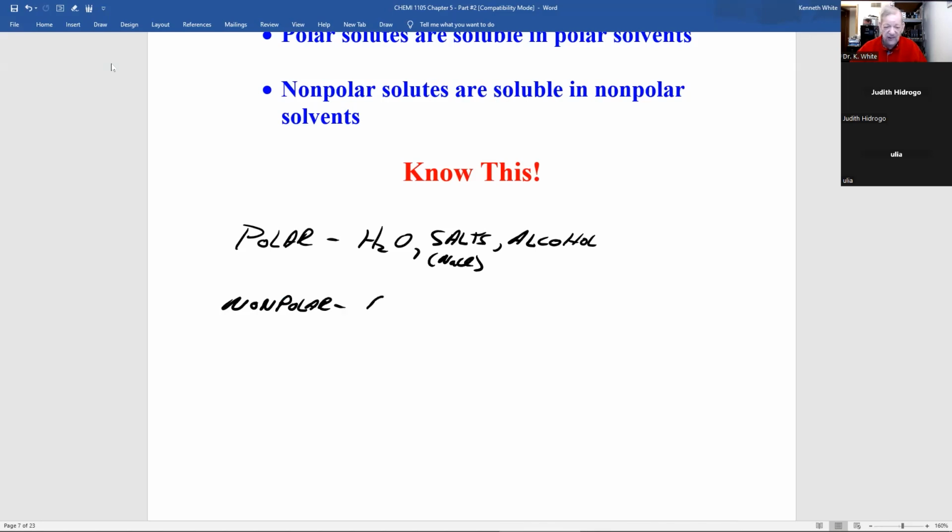Well, one is air, and it doesn't have to be liquid. Another one would be vegetable oil, which is nonpolar. Gasoline is nonpolar.